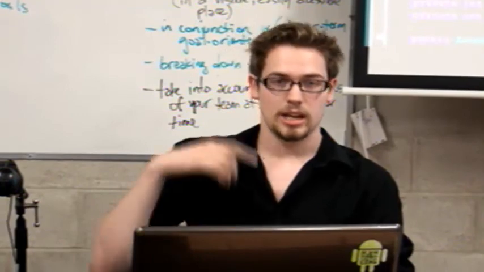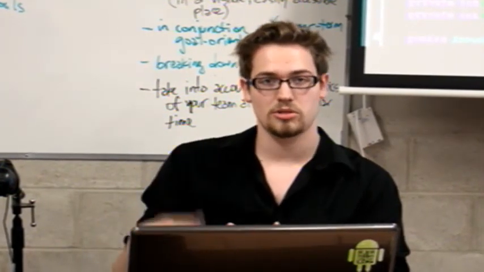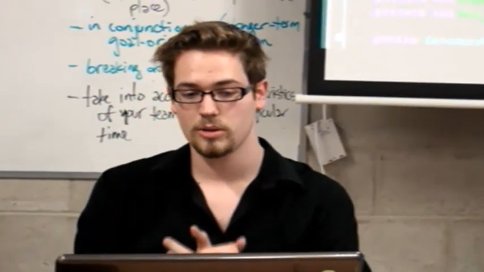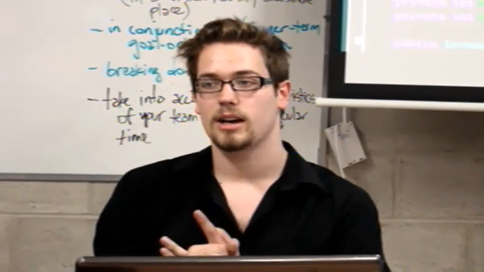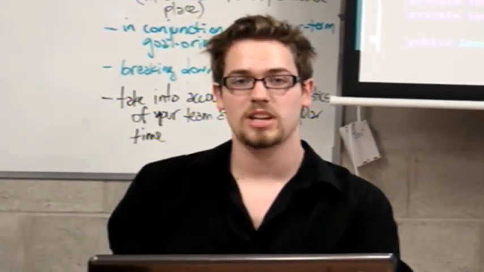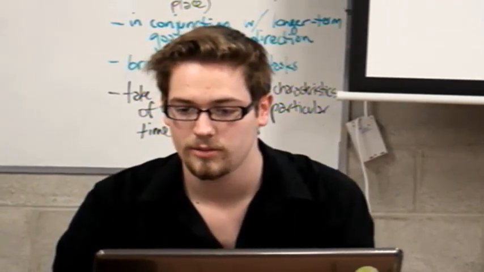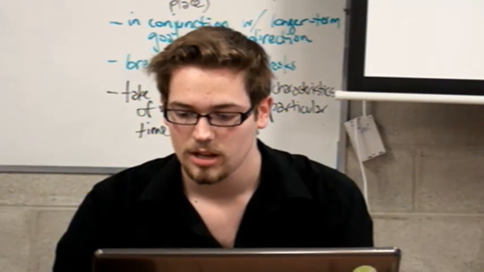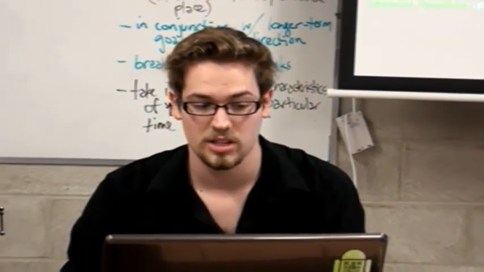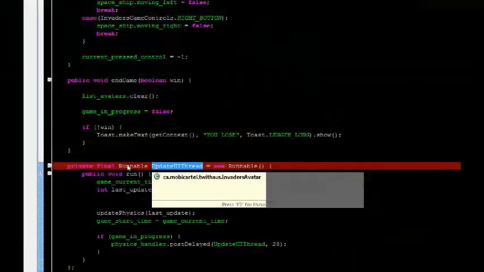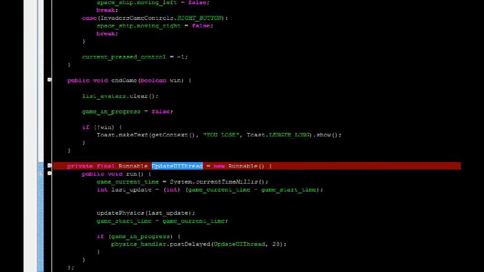Every time it goes through a refresh on the screen, it needs to draw something new. I'll show you it. And you also need a thread that's constantly updating the screen. So let's go all the way down to my thread here for my canvas view. A thread being something that you can run in the background. I have this thread here called update UI.